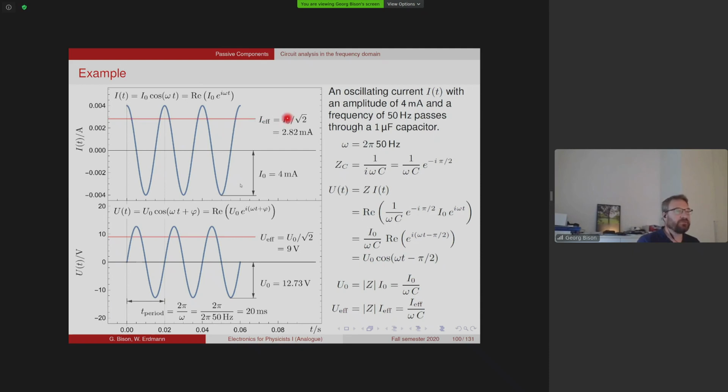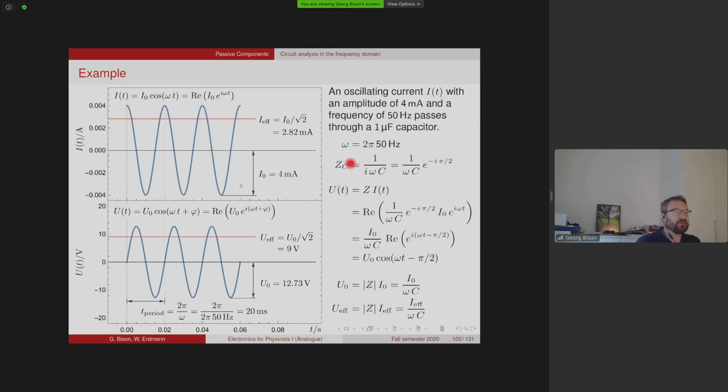And if we now take an example: the oscillating current with an amplitude of 4 milliamps and a frequency of 50 hertz passes through a 1 microfarad capacitor. So we can find our angular frequency as 2 pi times 50 hertz. Here comes the factor 2 pi, since the 50 hertz is a normal frequency and we want an angular frequency, so we have to multiply with 2 pi.